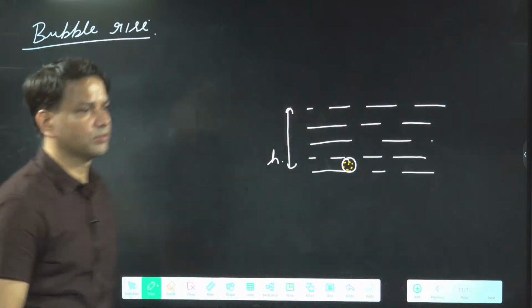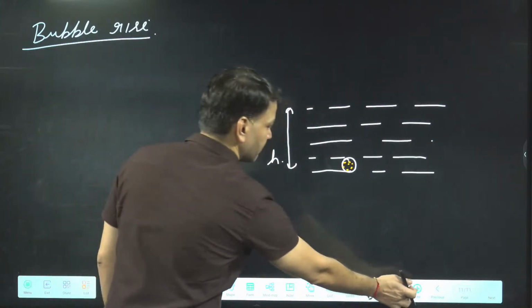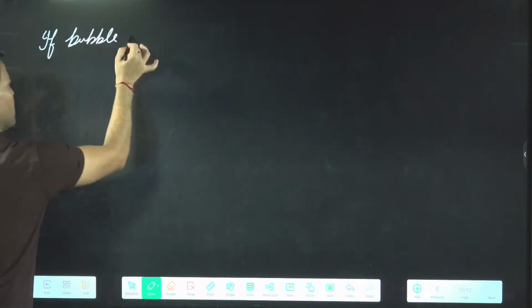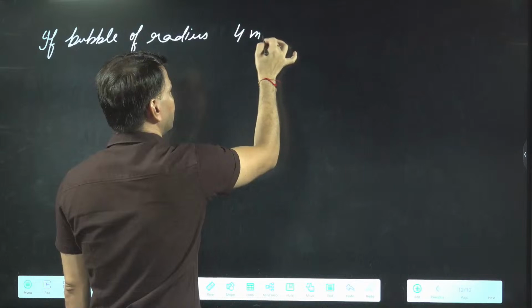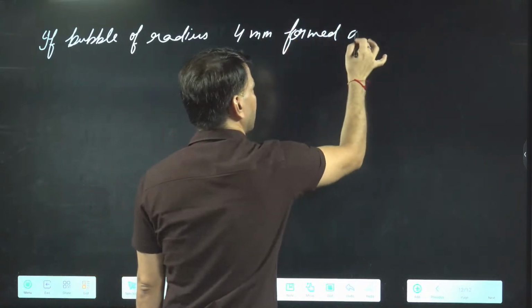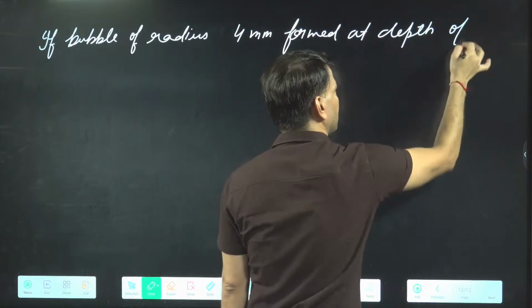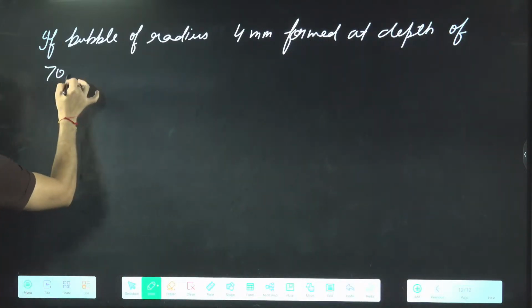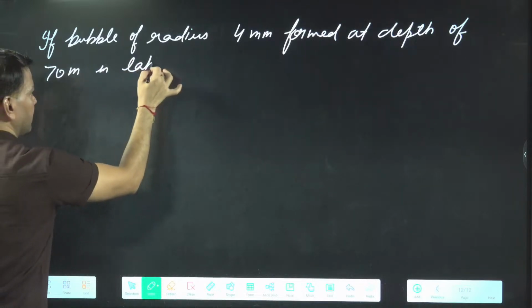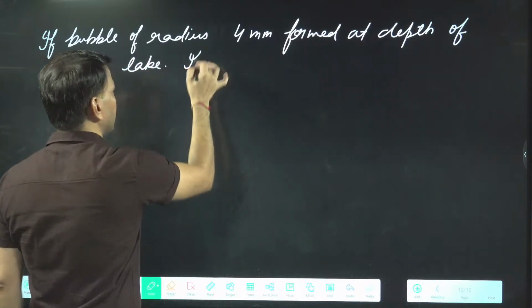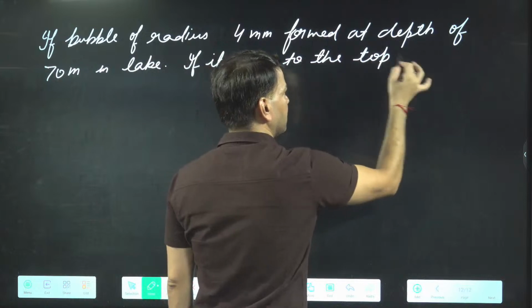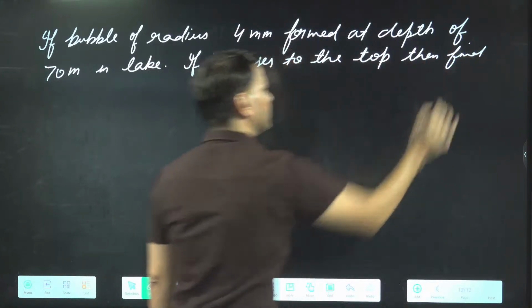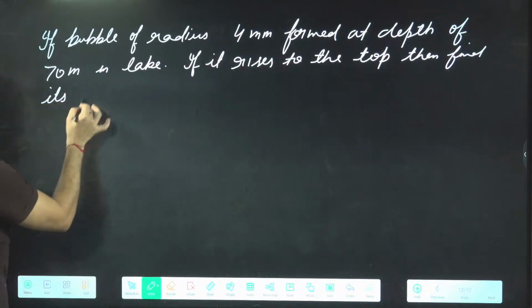Okay, so one question we will do on this. If a bubble of radius 4 millimeter formed at a depth of 70 meter in a lake, if it rises to the top, then find its radius.